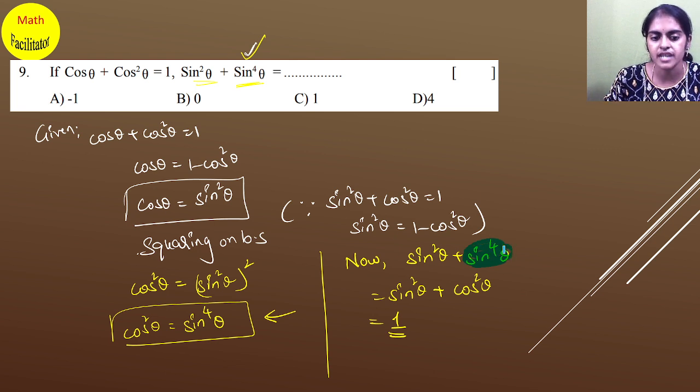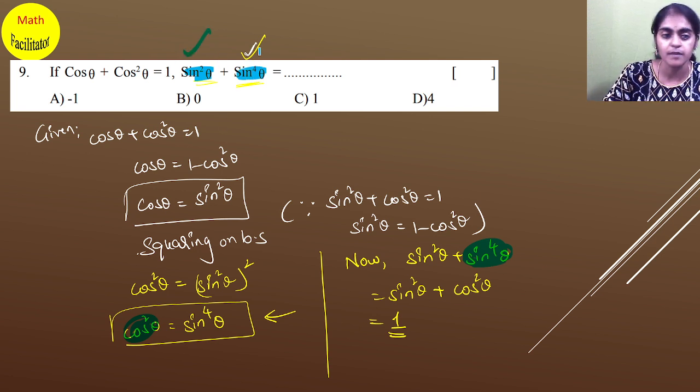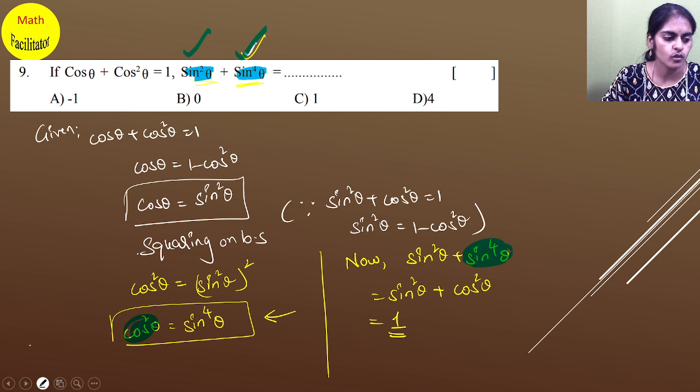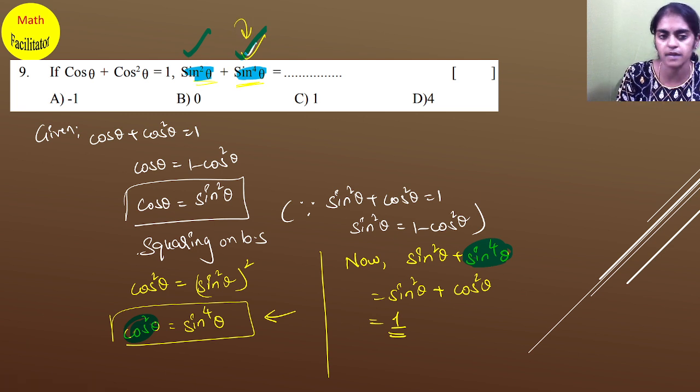How did I substitute sin power 4 theta? Here I got sin power 4 theta is cos square theta. So I substituted this value here. Sin square theta, I wrote it as it is. Only this sin power 4 theta I have replaced. Because I know sin square theta plus sin power 4 theta I got as cos square theta. So sin square plus cos square is 1, isn't it? So only one value I have substituted. The sin power 4 I substituted, sin square I kept as it is. Okay, so the answer you are getting is 1.